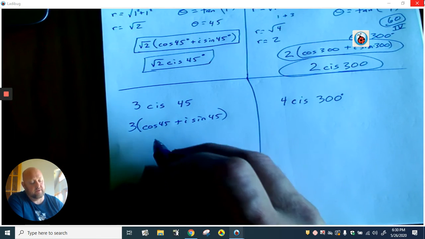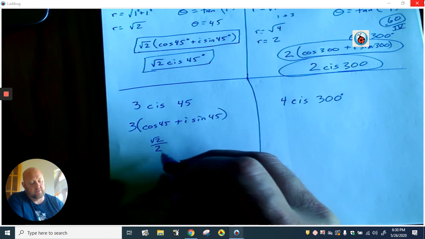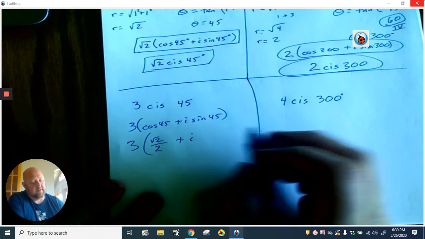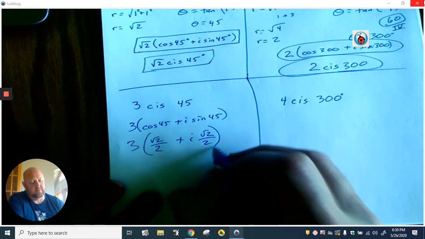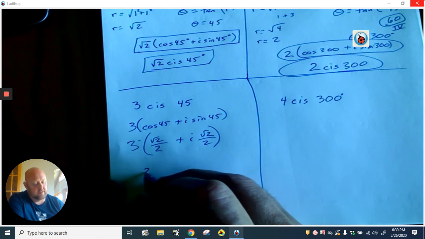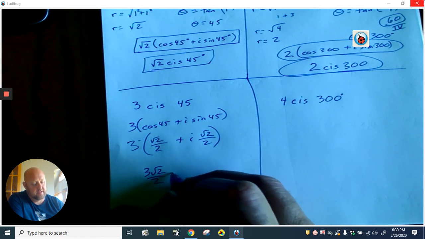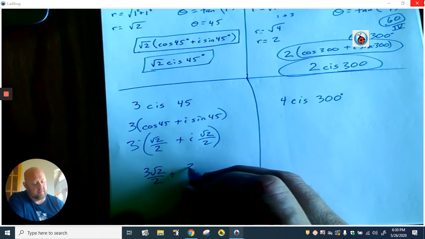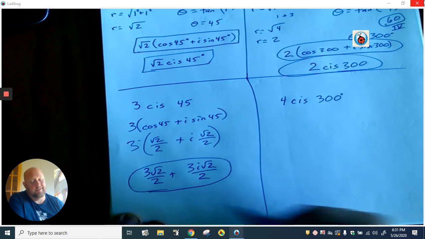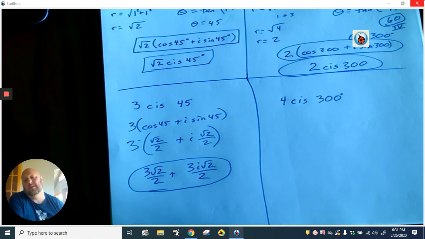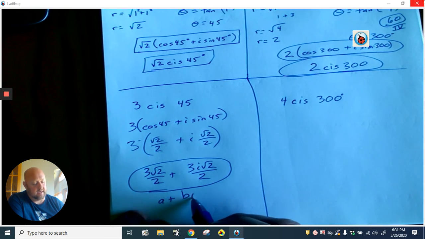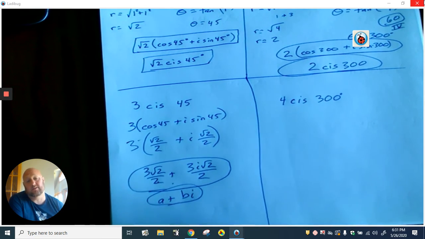We know cosine of 45 is root 2 over 2, plus i sine of 45, which is also root 2 over 2. And then distribute. 3 times root 2 over 2 would be 3 root 2 over 2, plus 3i root 2 over 2. And you're done.